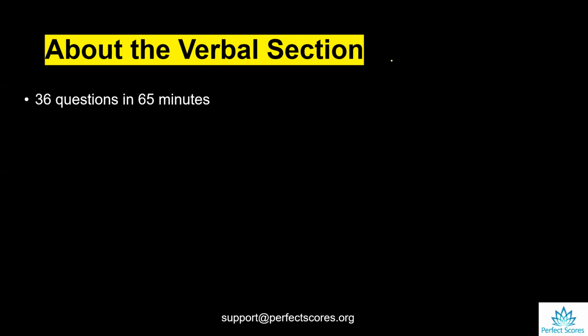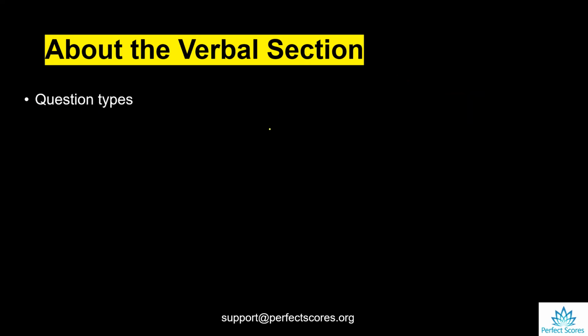So basically, earlier versions of GMAT included 41 questions in verbal that had to be done in 75 minutes. But now, because of the changes, there are only 36 questions that have to be attempted in 65 minutes. So that's the major change that has happened.